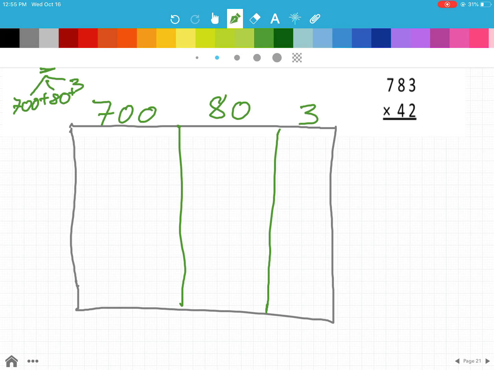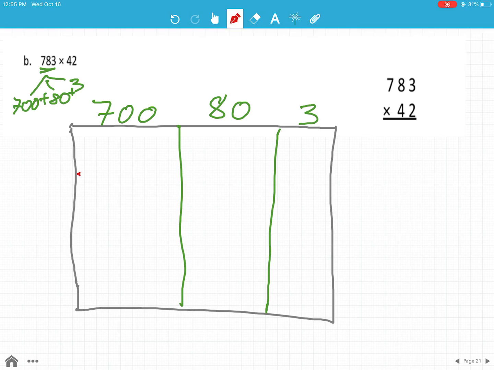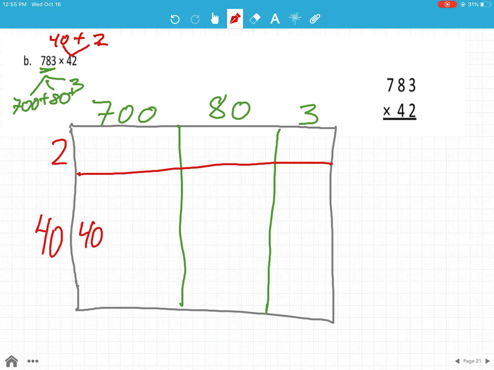Alright, and now on the side, we're going to break it into 2. And we're going to break our 42 into 40 and 2. I'm going to put the 2 here and the 40 here. And all of these are going to be multiplied times 40.